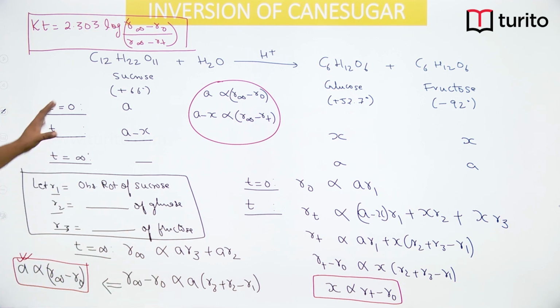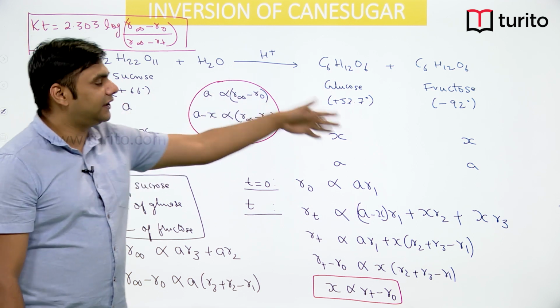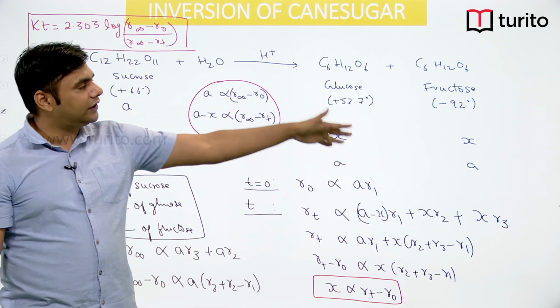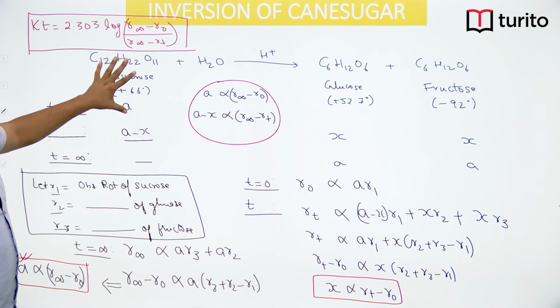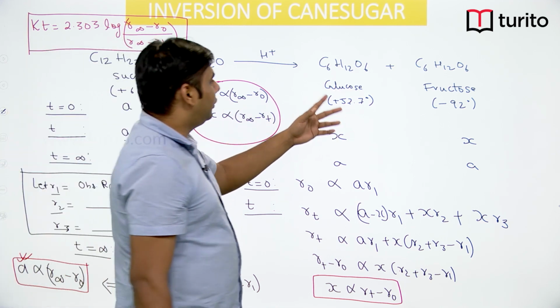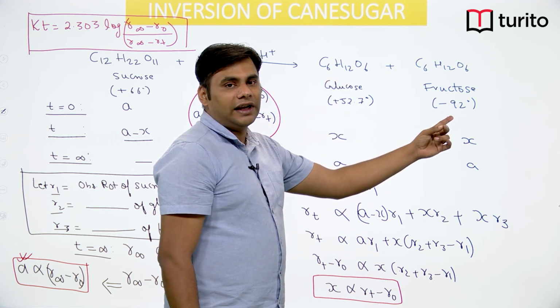Now why is this called inversion? Because initially the optical rotation was plus. Plus means it is rotating the plane polarized light in the clockwise direction. Now when the entire sucrose has converted into glucose and fructose, it has disappeared. So we will get the optical rotation 52.7 by glucose and minus 92 by fructose.